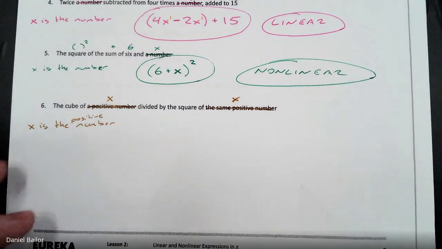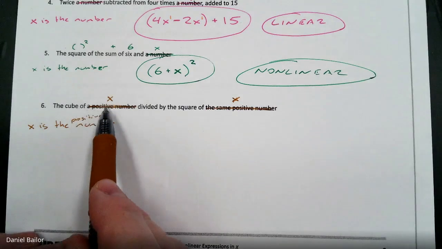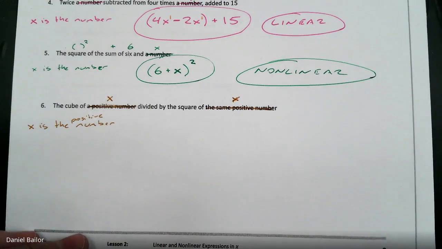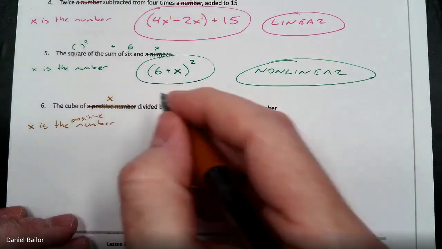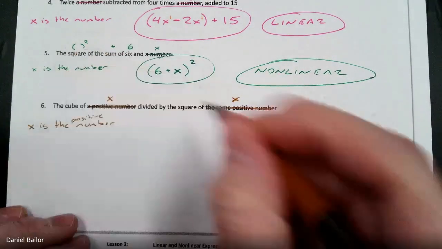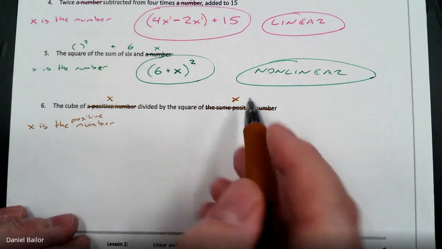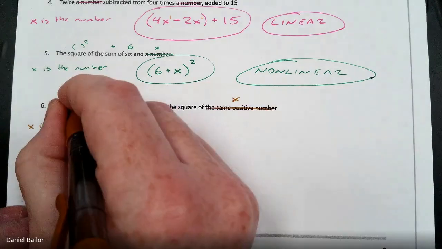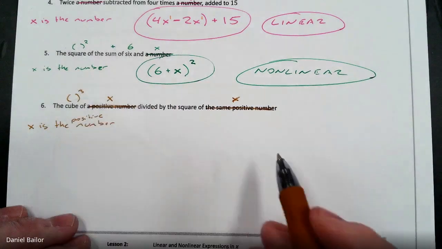Okay, so now I have the cube of x divided by the square of x. Remember what I like to do. I like to start closest to the variables. Now we have 2 variables here, so let's do them separately. Cubed, you should remember from module 1, means something to the 3rd power.